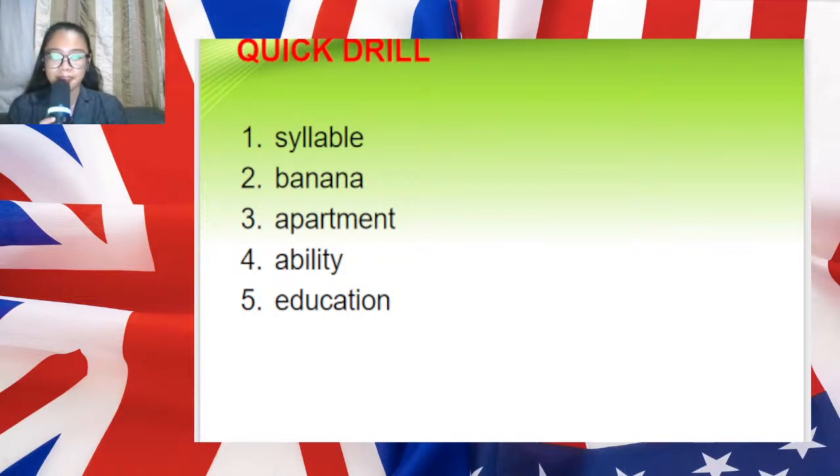Syllable. Again, syllable. This has three parts. Listen, syllable. One more time, syllable. Okay, the first syllable is sil. Sil. And this particular syllable is, what do you think? Is it stressed or unstressed? From how I say it, syllable. Again, syllable. Is it stressed or not? What do you think?